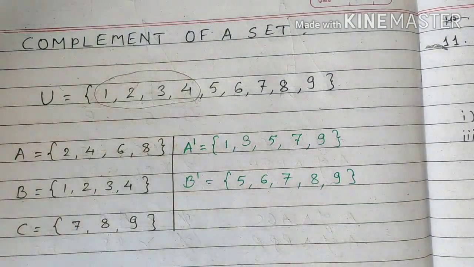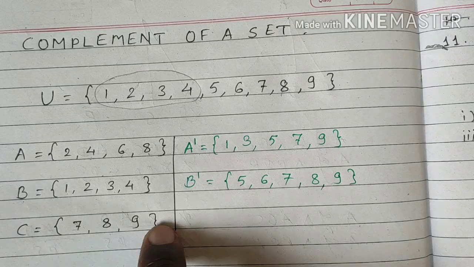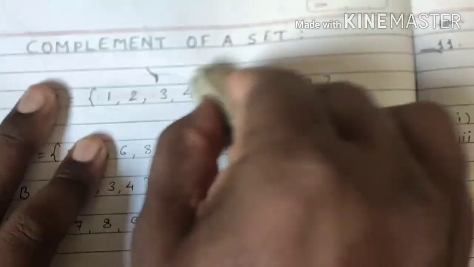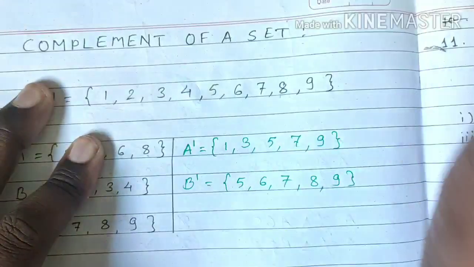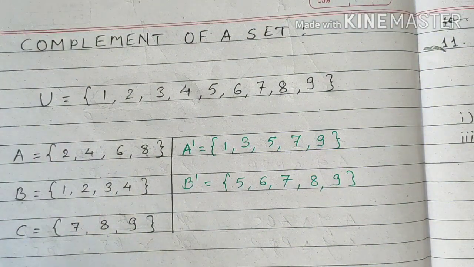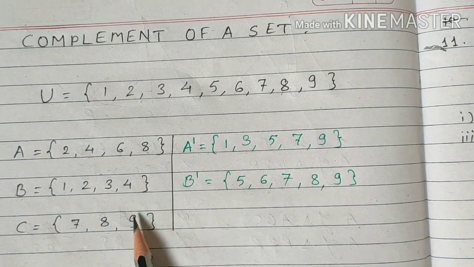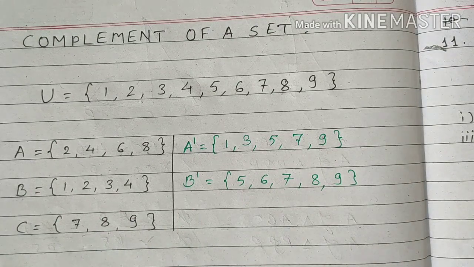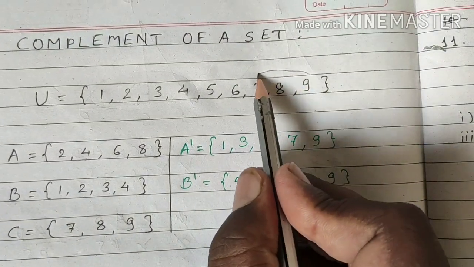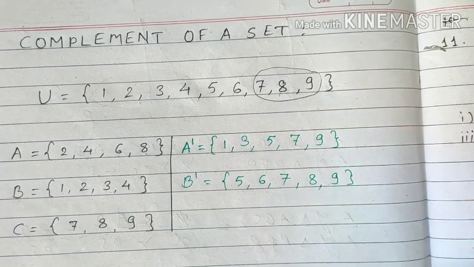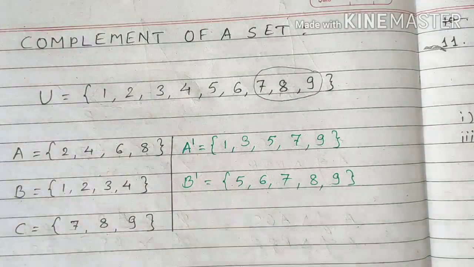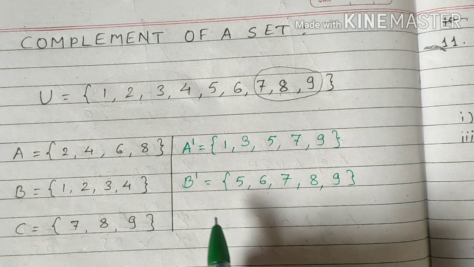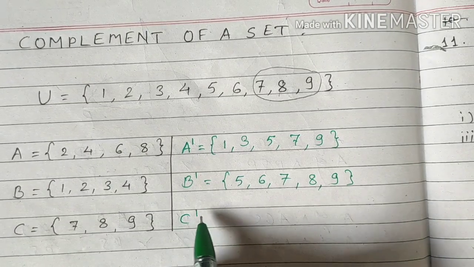Okay. Similarly, if we want to write the complement for the C set, then what should we do? Remove the elements of C, that is 7, 8 and 9, from the universal set, and the remaining elements we will write in the C complement set.